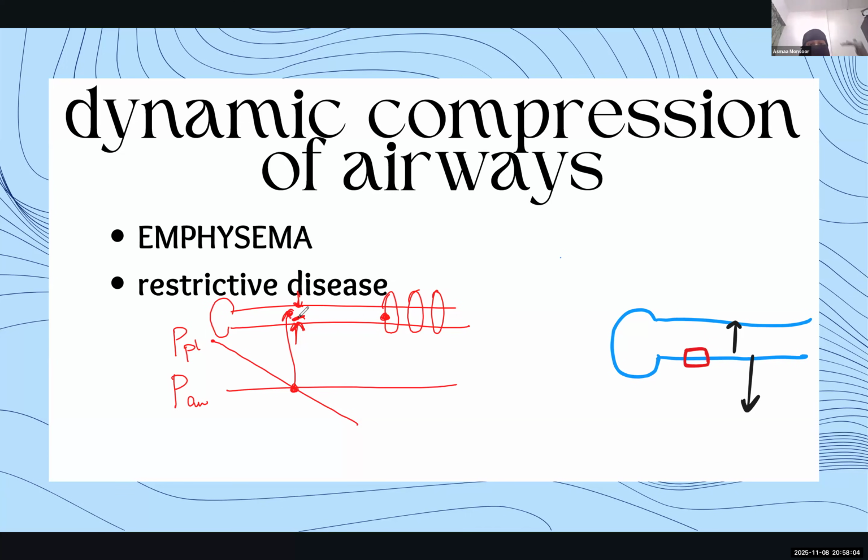So the pleural pressure is less and decreases rapidly, which makes the equal pressure point come to a place that does not have cartilage. Now the cartilage is no more there to help air come outside. So the air initially would come outside, but at the later stages of expiration, when the pleural pressure is really low, all the airways are collapsed, and the person is not able to get the air outside.